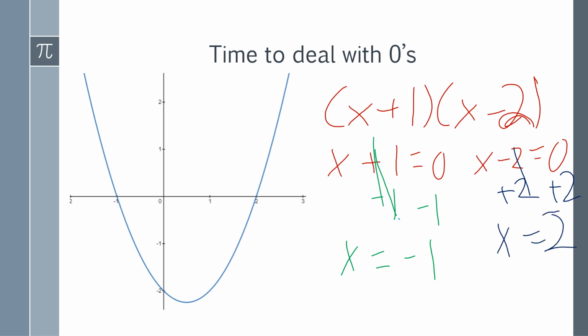Well, believe it or not, guess what? They're right here and right here. The x-intercepts. If I was to ask you that, I'm pretty much asking you what's the answer. So this is another way of solving an equation.